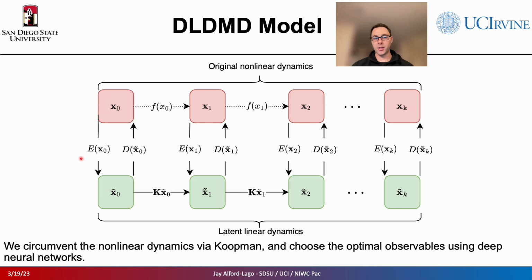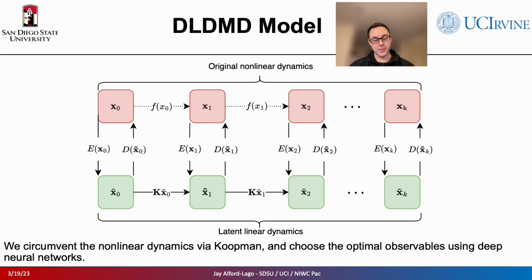We train an encoder neural network E and a decoder neural network D that allow us to move back and forth between these original nonlinear coordinates and these latent linear coordinates in green. We represent the latent dynamics simply by a linear operator, K, that takes us from time step to time step. So in some sense, we've circumvented the nonlinear dynamics via Koopman by choosing the optimal set of observables using these neural networks.